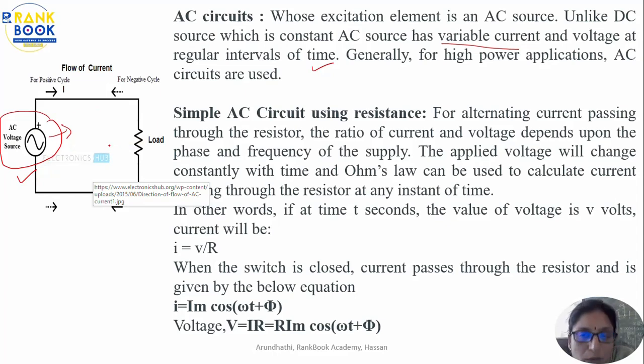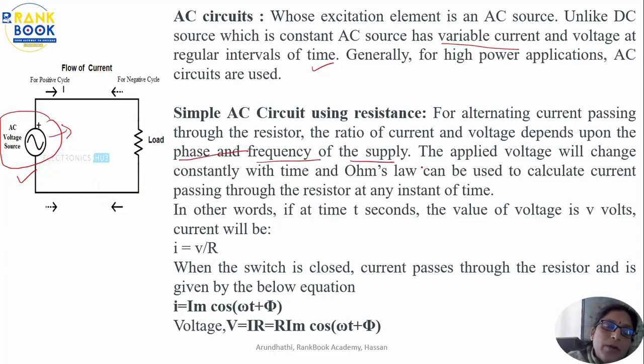The ratio of current and voltage depends upon the phase and the frequency of the supply. The applied voltage will change constantly with time. So Ohm's law can be used to calculate the current passing through the resistor at any instant of time.